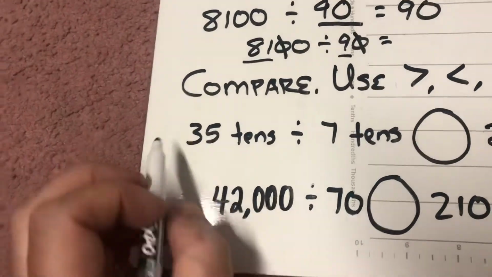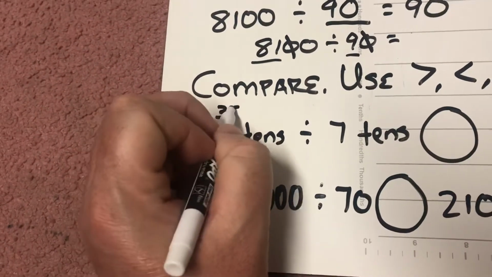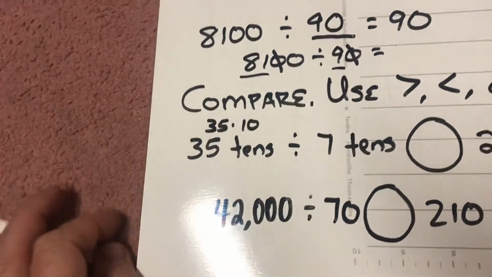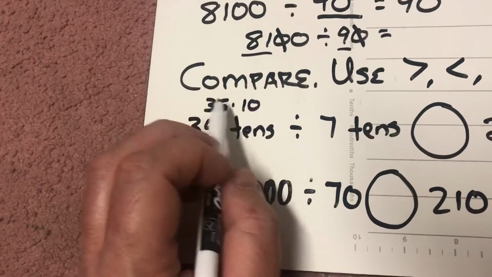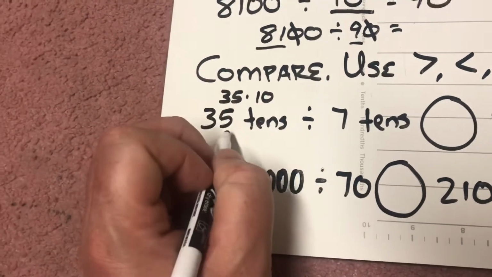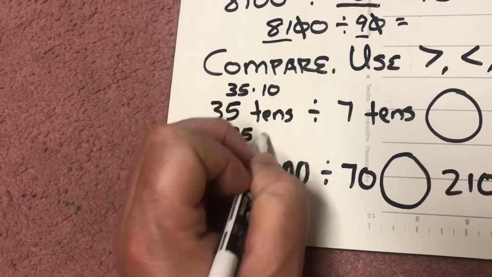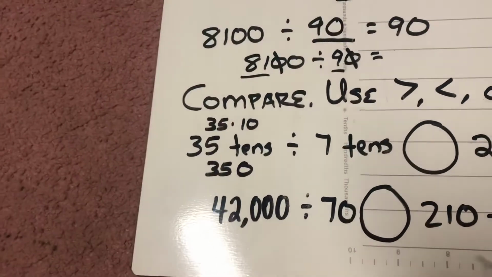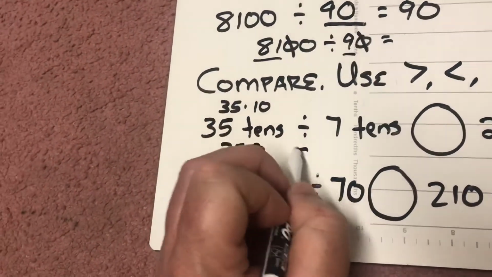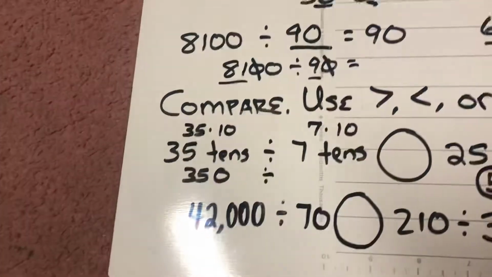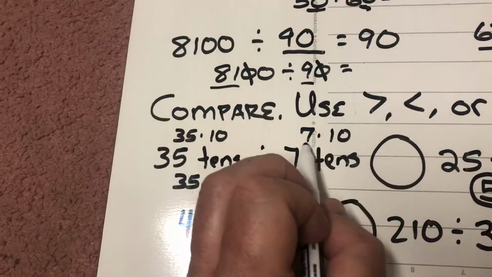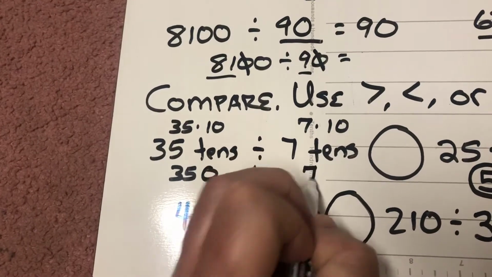35 tens divided by 7 tens. Well, 35 tens is the same as 35 times 10. I can just use my zeros trick for multiplication. 35 times 1 is 35. Add the 0, I get 350. We're dividing that by 7 tens, which is the same thing as 7 times 10. 7 times 1 is 7.